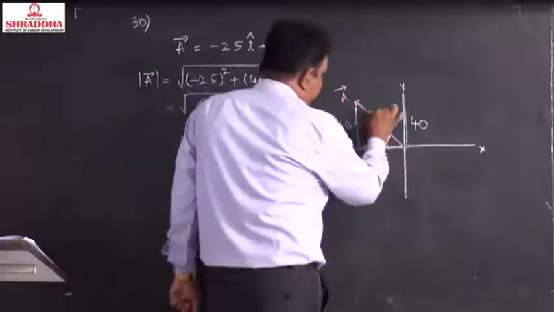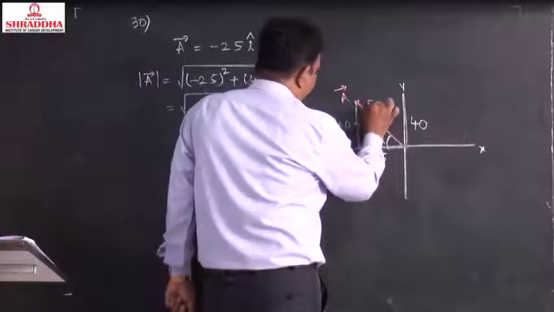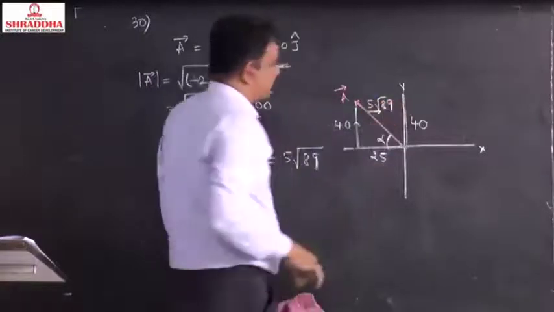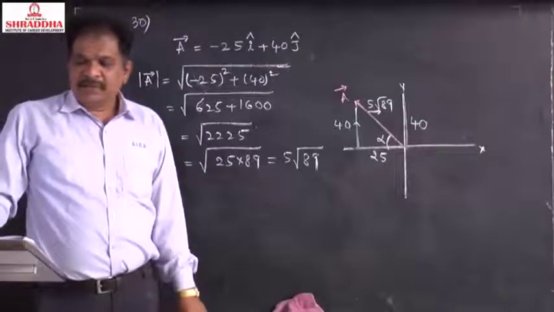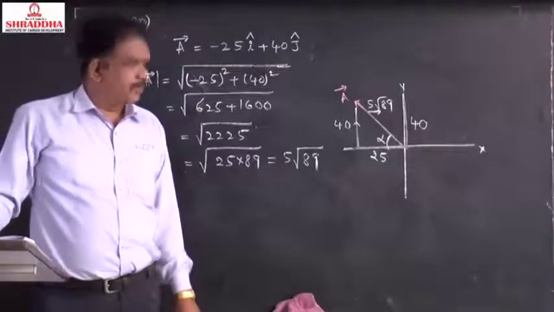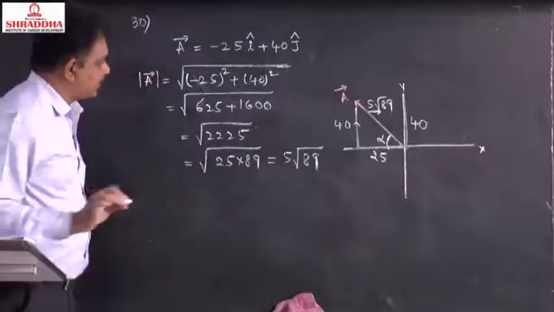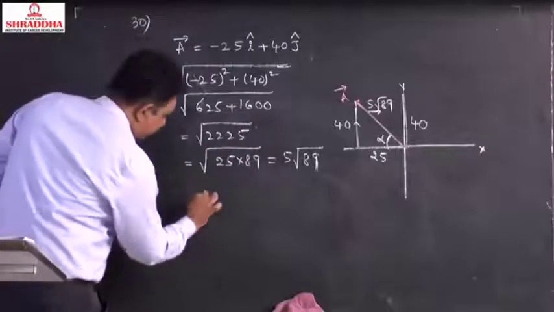Next, what is the angle? This is how much? 5 root 89. In the options A and B, they gave sine and cos values. We'll write cos sine values from that.